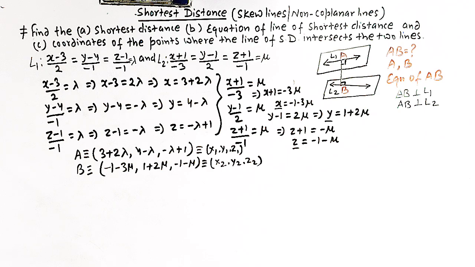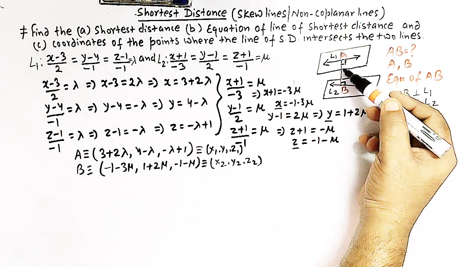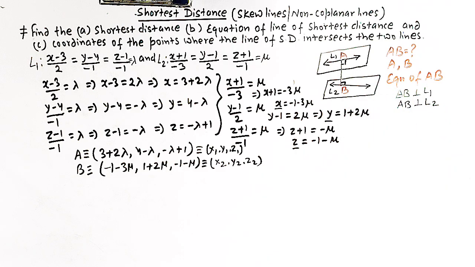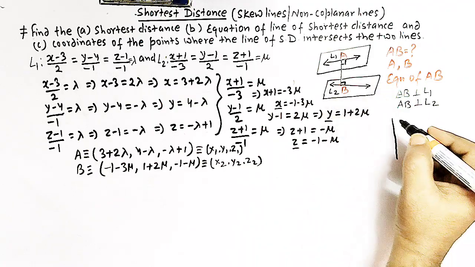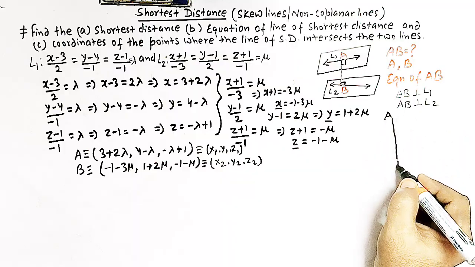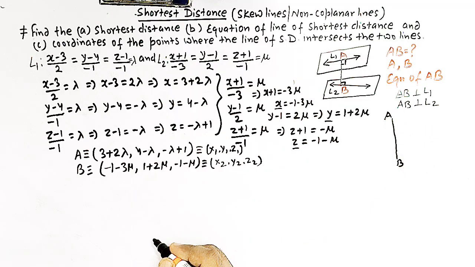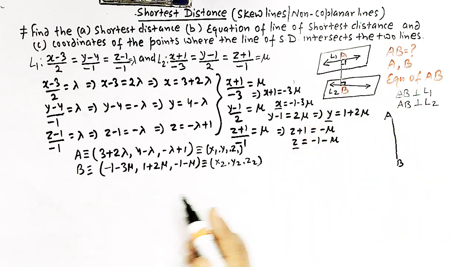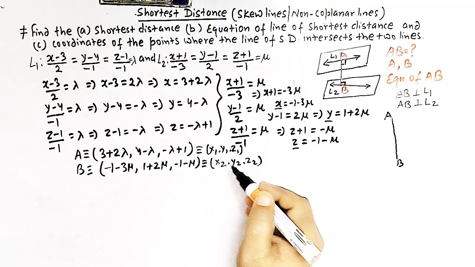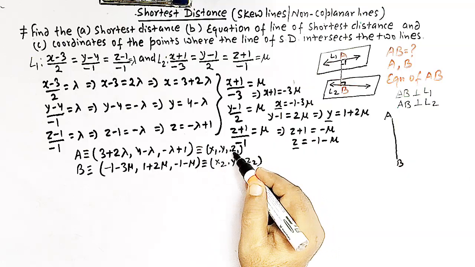So now our aim is to get the value of lambda and mu. To get the value of lambda and mu, we have to find the direction ratios of this line of shortest distance AB, right? So here we can write the line of shortest distance like this, and here we have A, here we have B. The direction ratios of AB can be obtained by subtracting the x coordinates, then the y coordinates, and then the z coordinates.